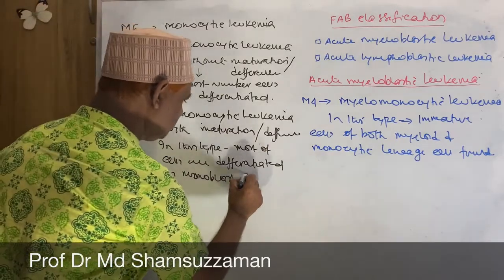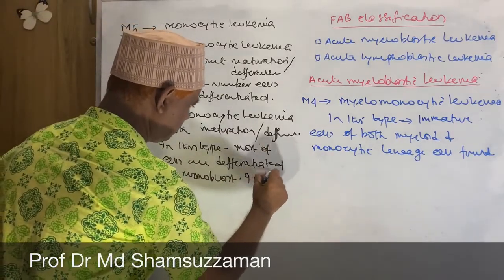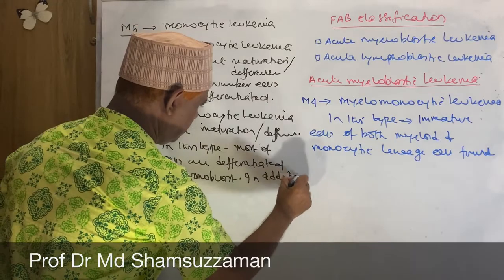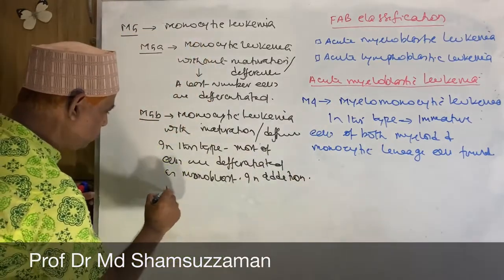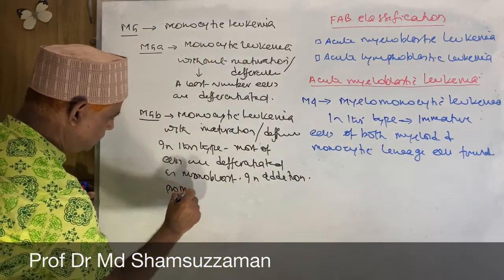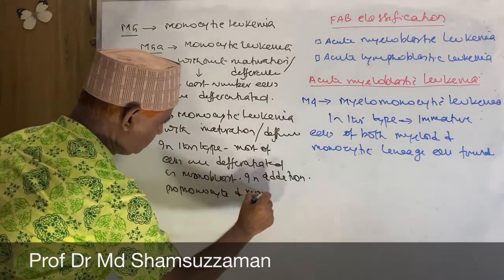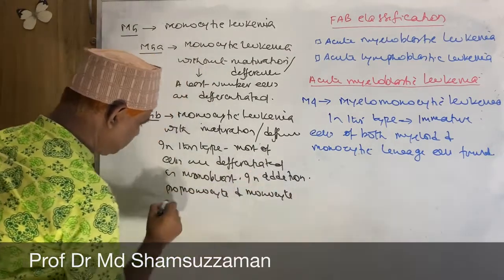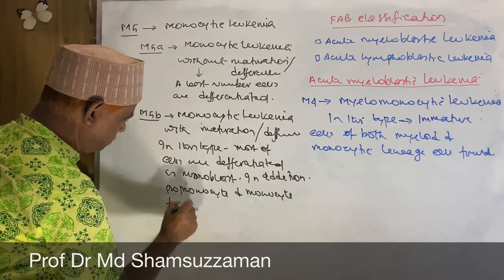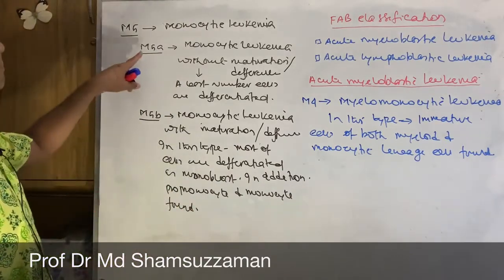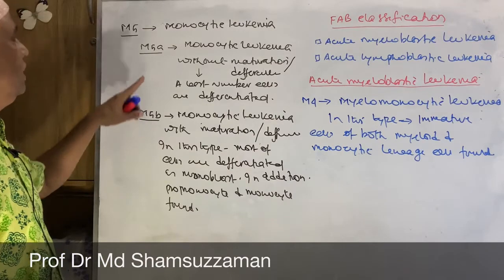In addition, there are promonocytes and monocytes found. So dear audience, how can we differentiate M5A and M5B?